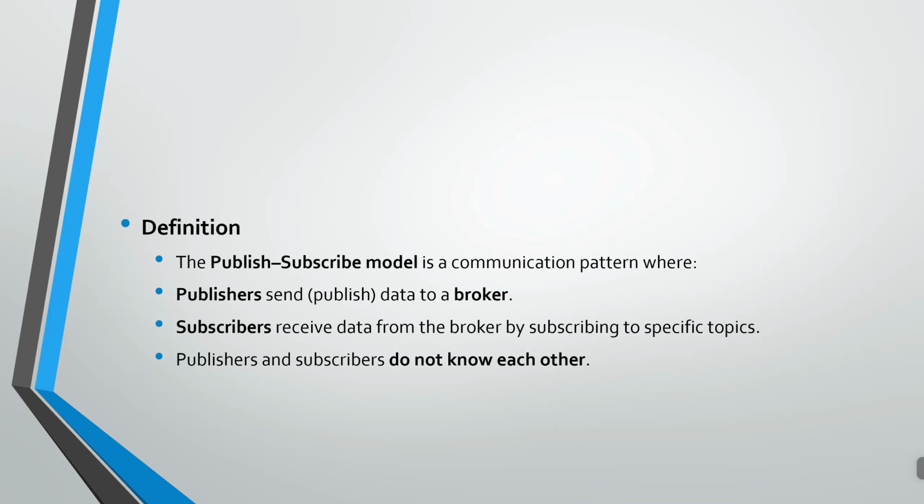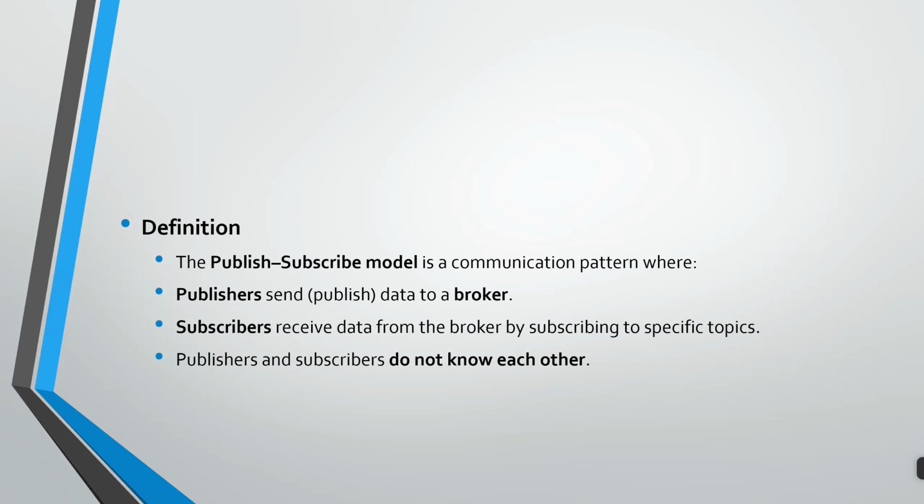So here, publishers send the data to a broker. Subscribers receive data from the broker by subscribing to specific topics. Publishers and subscribers do not know each other. See, this improves the security.